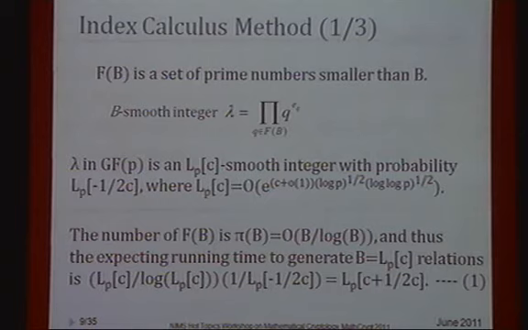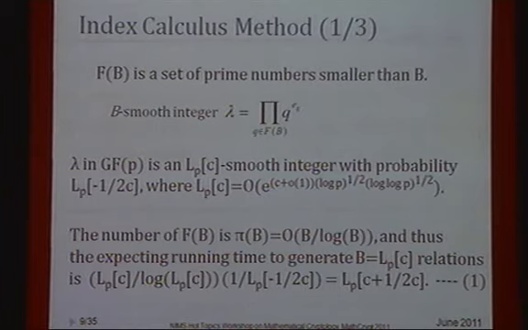Then the expected running time to generate B relations: we want to generate many smooth numbers and accumulate many relations. Let's say we want to accumulate L_PC relations. Then we need this time.